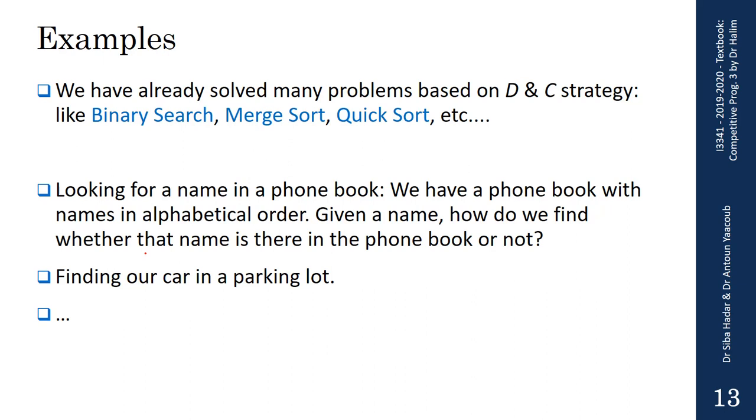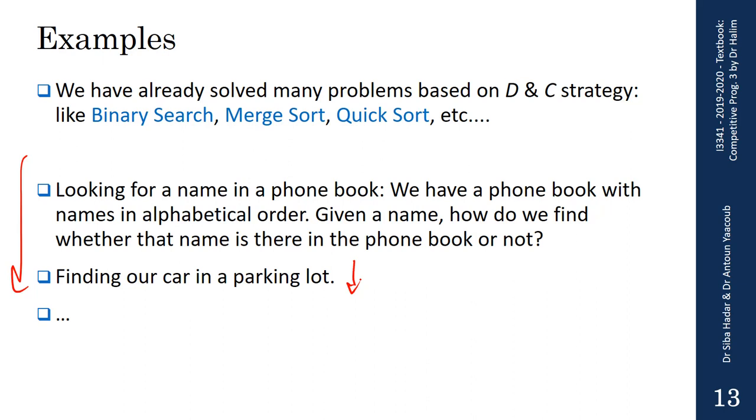As an example, when looking in a book, we are using binary search. You are finding a name or an index, you want to search for a keyword, so you will probably use binary search because it's quicker than linear search. Another example is finding your car in the parking lot. If the parking lots are numbered, you jump from number to number, you don't need to follow the numbers in sequential order.